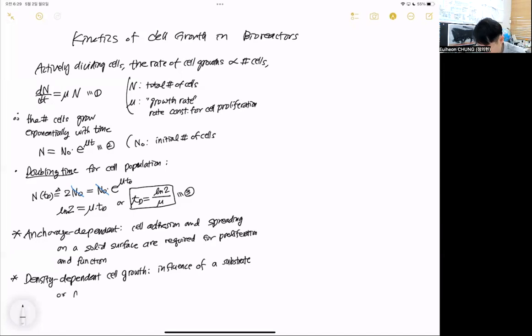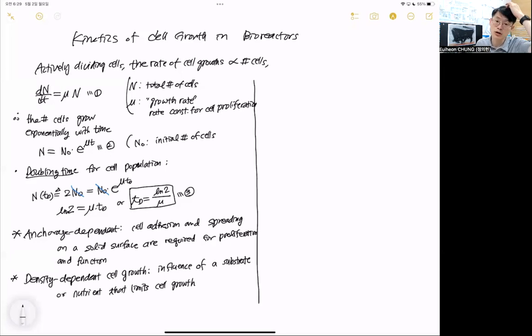Or nutrient that limits cell growth. So from this ideal theory, we can move on to a little more realistic aspect.